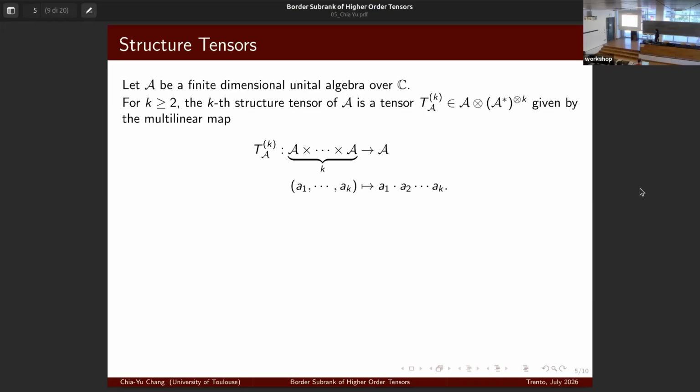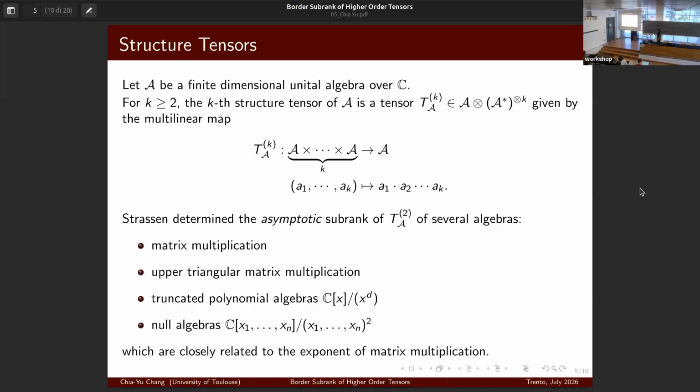For k greater than or equal to 2, we define the k-th structure tensor of algebra A, which is a tensor lying in A tensor the k-th tensor power of A dual, and it is given by this multilinear map, which is given by the multiplication in the algebra.